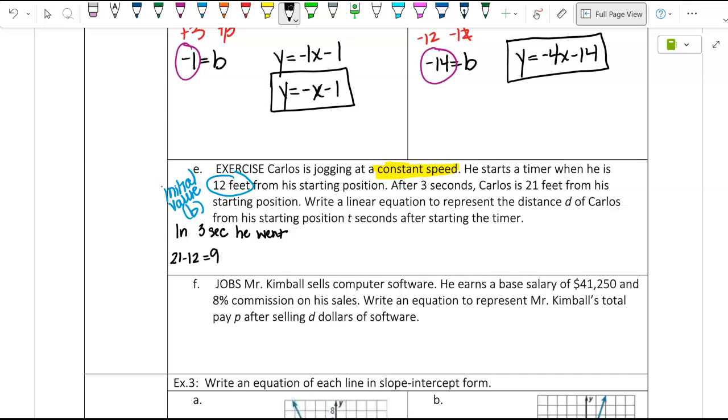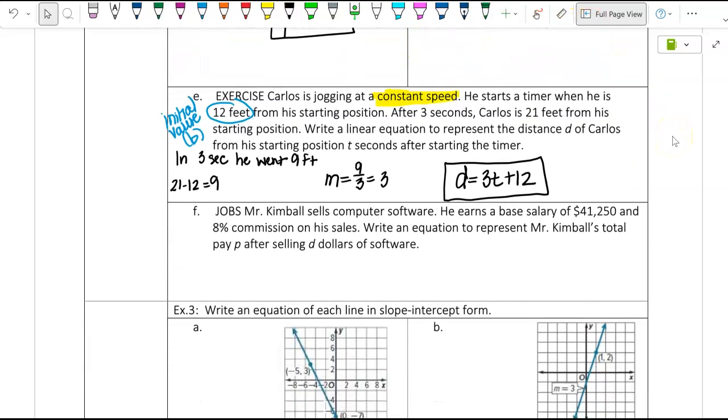So in 3 seconds, he went 9 feet, which means my slope is my 9 divided by 3, or 3 feet per second. So d equals 3t plus 12, because he doesn't start the timer till he's 12 feet from his starting position. So that would be the equation to go with that.